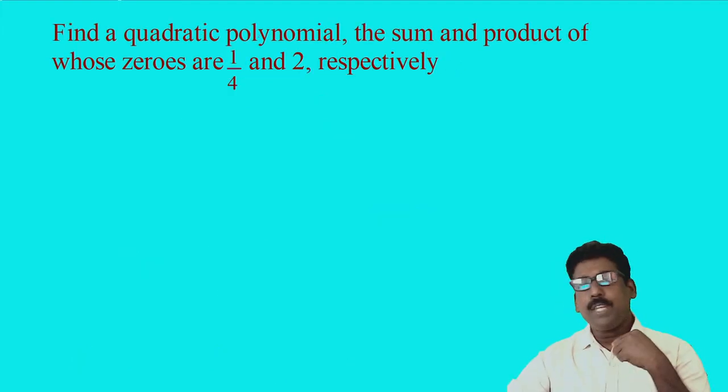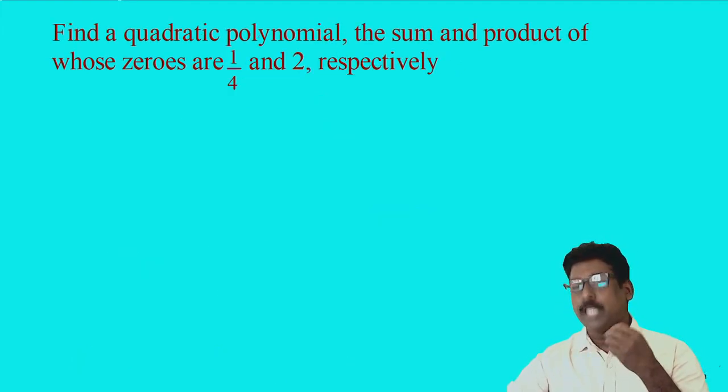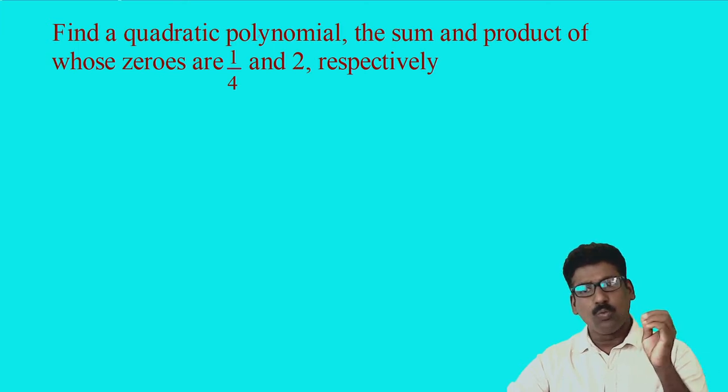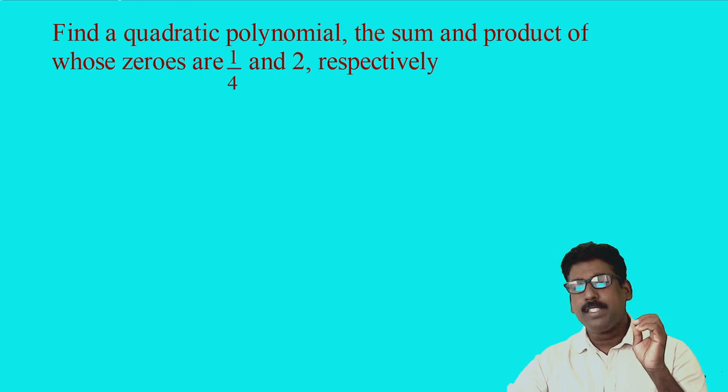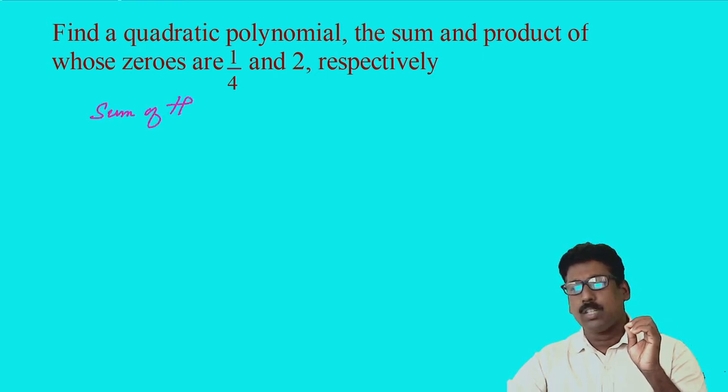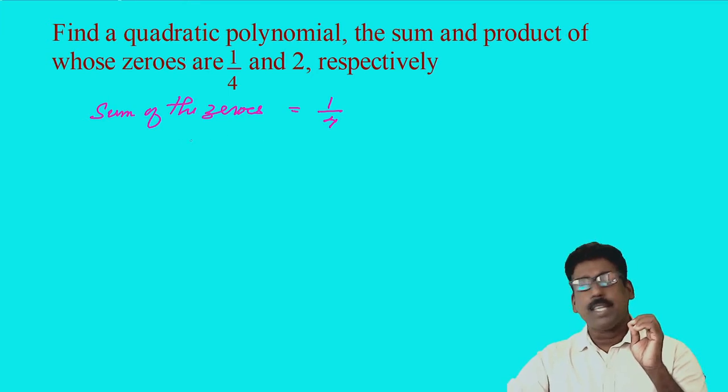Here is the question. Find a quadratic polynomial, the sum and product of whose zeros are 1 by 4 and 2. That means sum of the zeros you can write it as 1 by 4. That means sum of the zeros is equal to negative b by a.